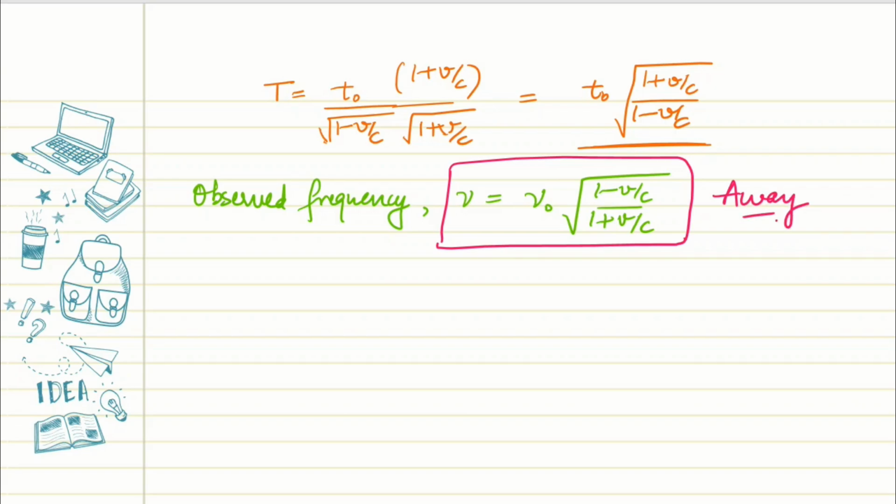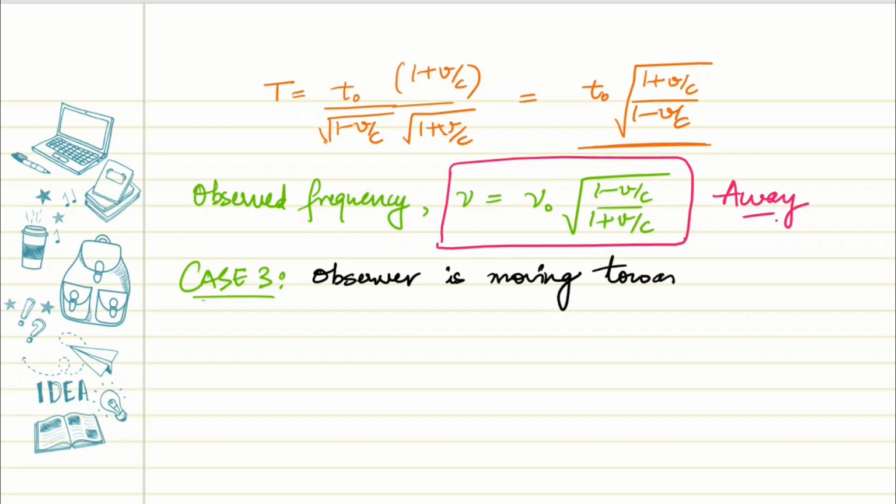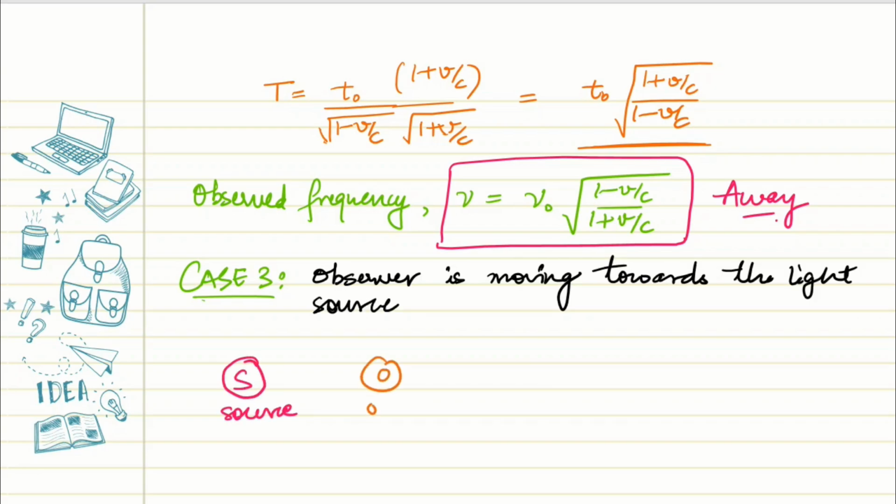Now let's do the last case, that is case number 3, where the observer is moving towards the light source. If this is a source, this is the observer, then the direction would be like this, moving towards each other. So I'm fast forwarding it. So the total time would be t minus vt by c.